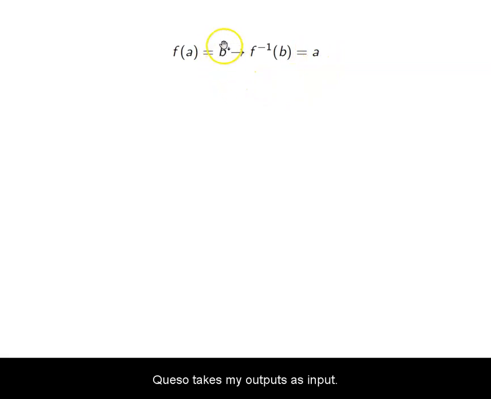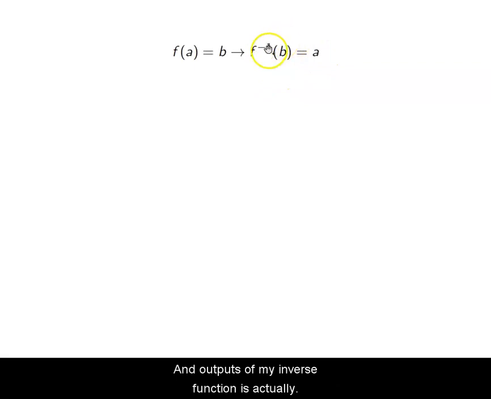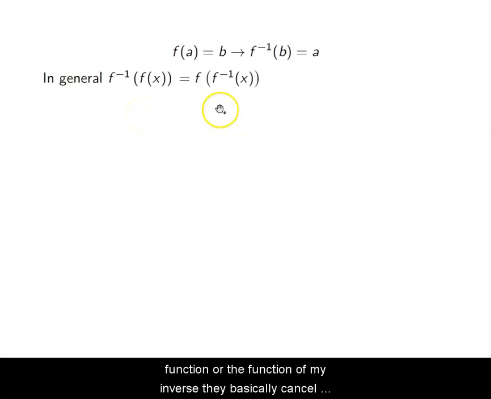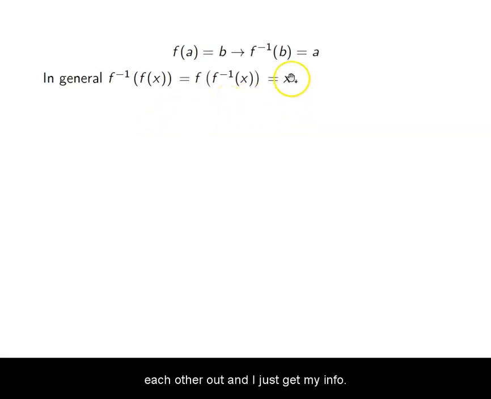So it takes my outputs as inputs, and the outputs of my inverse function are the inputs they're associated with. In general, if I take the inverse of a function, or the function of my inverse, they cancel each other out, and I just get my input.